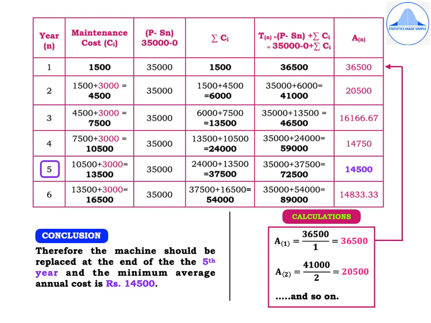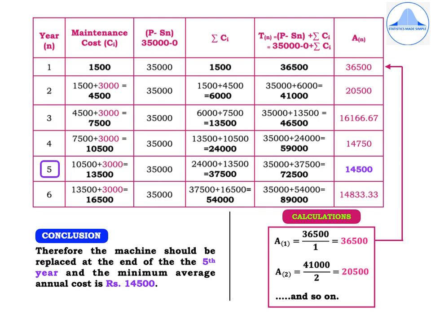Similarly, for the third year, it is 4,500 plus 3,000 is 7,500. For the fourth year, 7,500 plus 3,000 is 10,500. For the fifth year, it is 10,500 plus 3,000, which is 13,500. And for the sixth year, it is 13,500 plus 3,000, which is equal to 16,500.